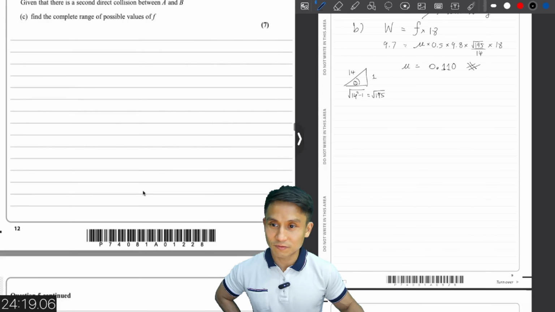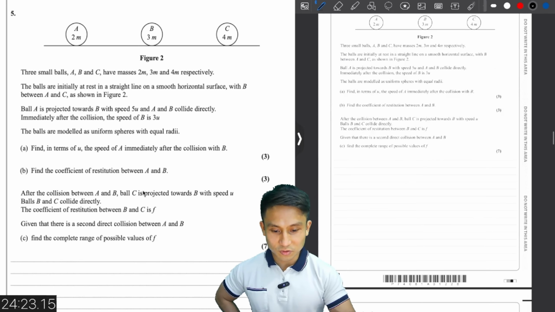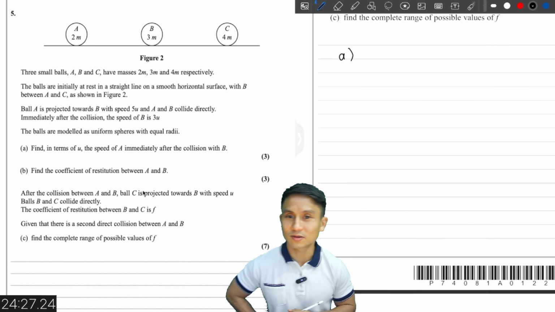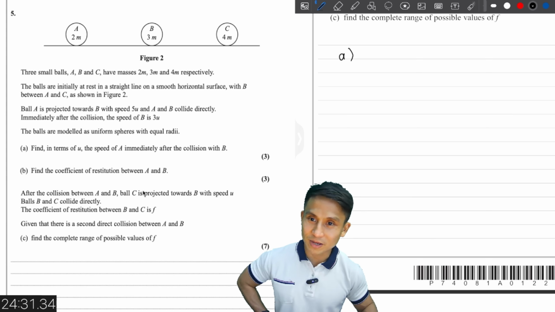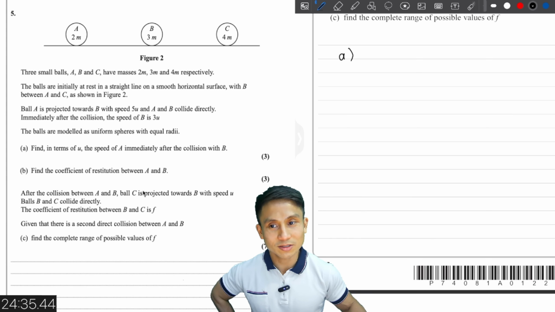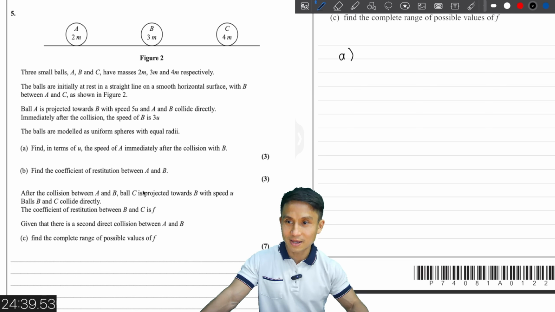Now let's do number 5. We're at 24 now. Okay, coefficient of restitution, consecutive impacts now, I think, because you've got 3 particles here. 3 small balls A, B, C have masses 2m, 3m, 4m respectively. The balls are initially at rest in a straight line on a horizontal surface with B between A and C. Ball A is projected towards B with a speed 5u.